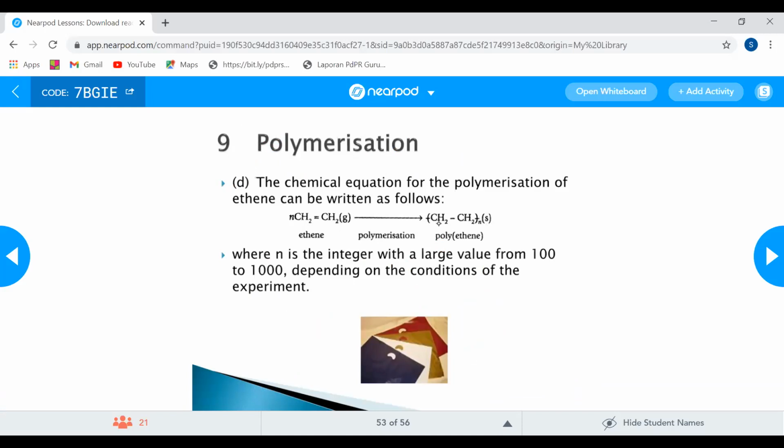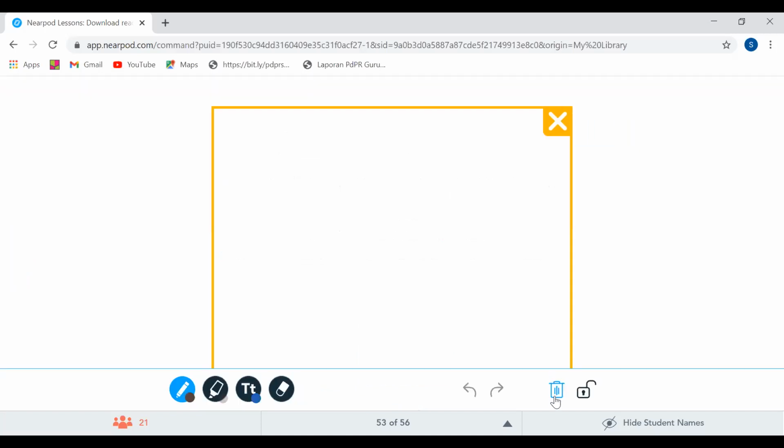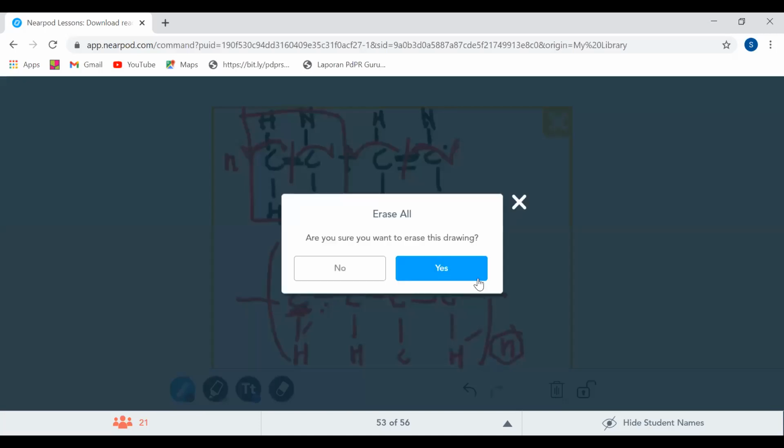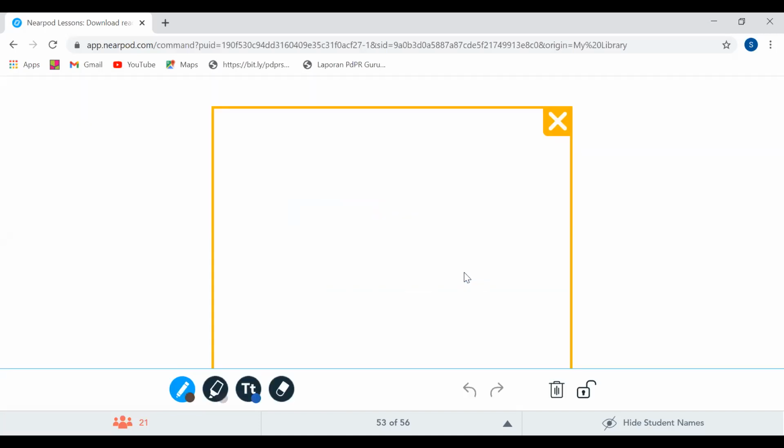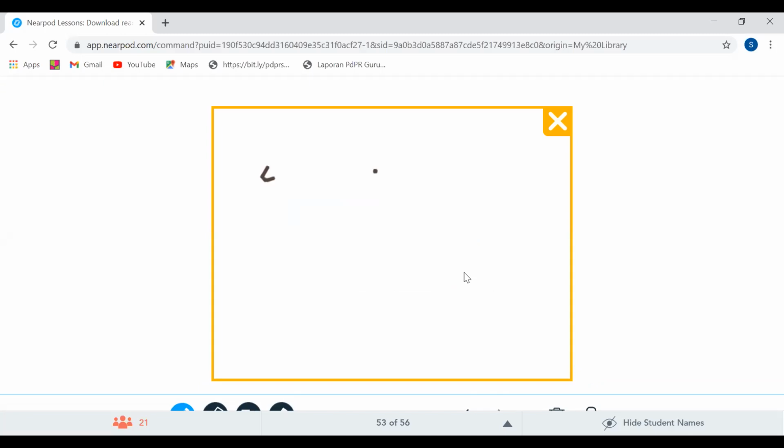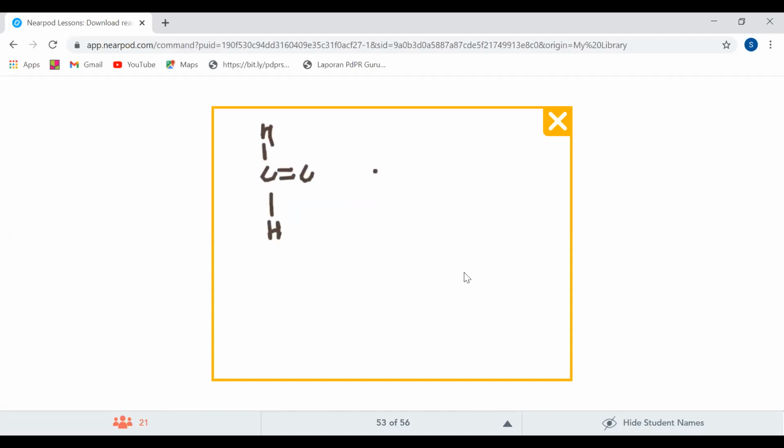This is the hardest thing, teacher thinks, for you all to understand: the polymerization. If ever you are supposed to do something like this, polymerization, then you're so lost. But you know that you got CH2, you got an 18. Teacher, how to do polymerization?